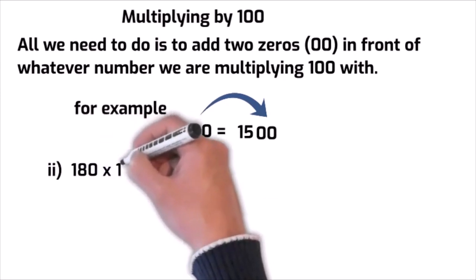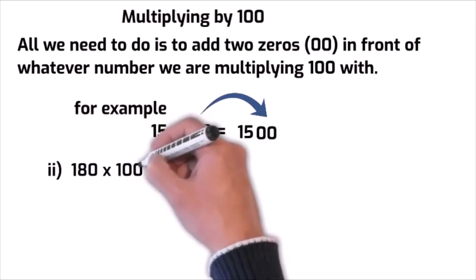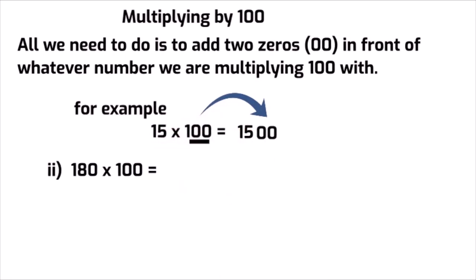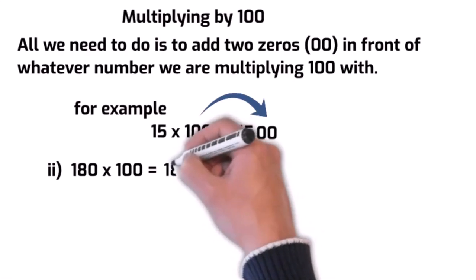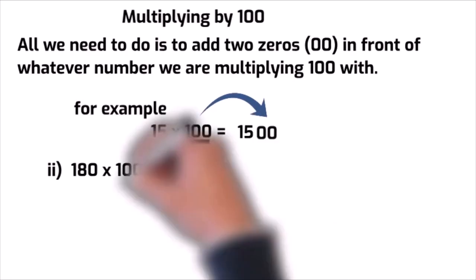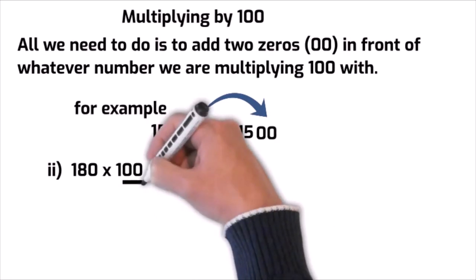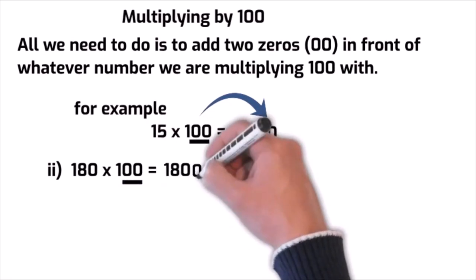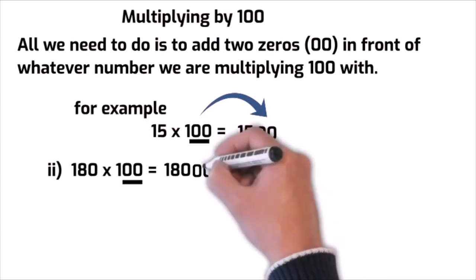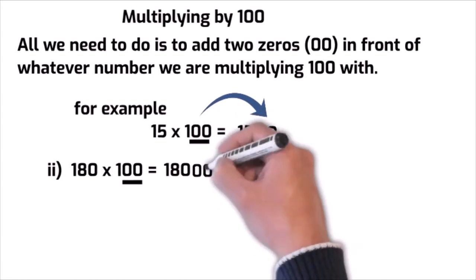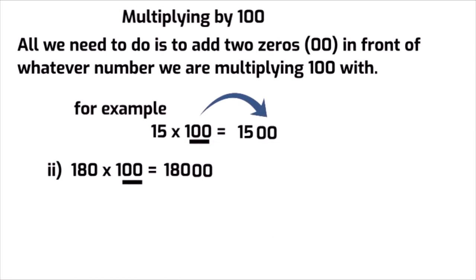Next, we have 180 times 100. First, we write down 180 and add 2 zeros in front of it. 180 times 100 gives us 18,000.